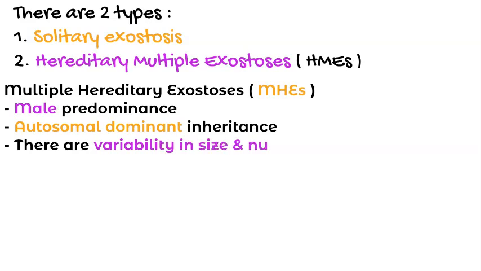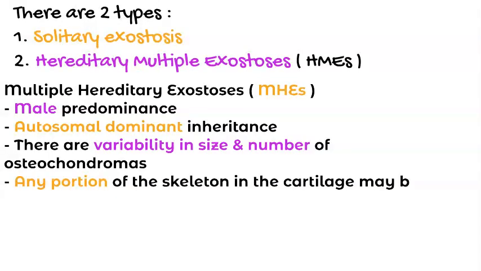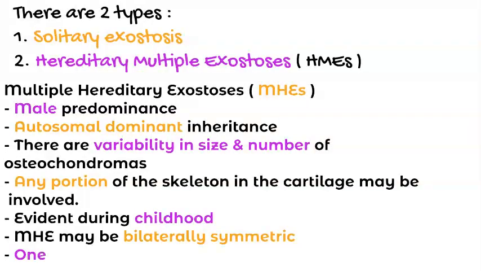There is variability in size and number of exostosis or osteochondromas. Any portion of the skeleton in which cartilage is present may be involved, usually evident during childhood. MHE may be bilaterally symmetric. One side may predominate.